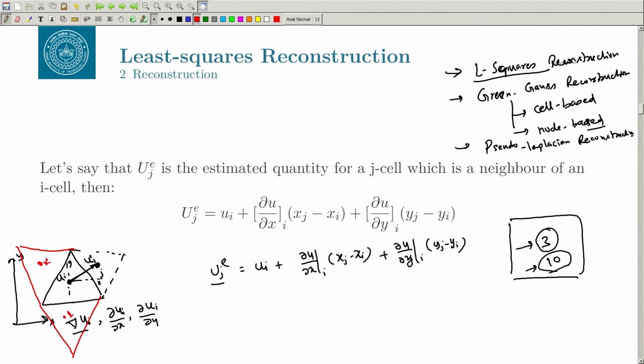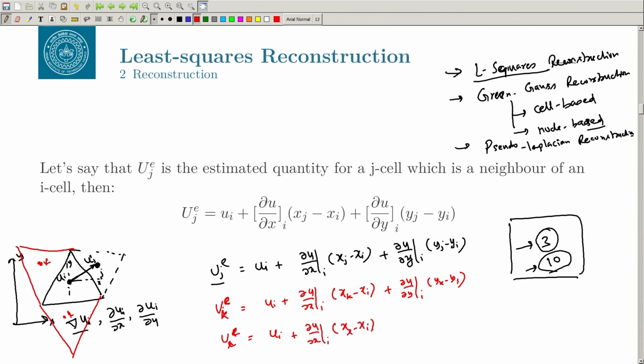Similarly you can write u_k estimated equal to u_i plus del u by del x at i times (x_k minus x_i) plus del u by del y at i times (y_k minus y_i). Similarly u_l estimated, where e is for estimated value, that is u_i plus del u by del x at i times (x_l minus x_i) plus del u by del y at i times (y_l minus y_i).